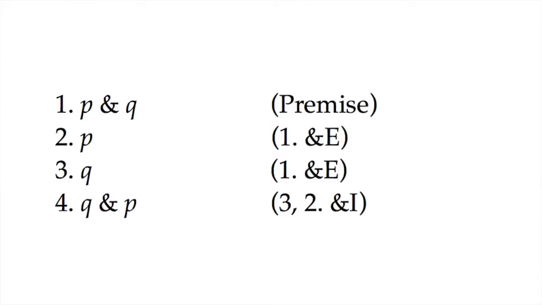Now on line 4, I have Q and P. How did I get Q and P? Well, the Q is on line 3, the P is on line 2, and I've used my and introduction rule. My and introduction rule tells me that whenever I know Q and I know P, I know Q and P. Q combined with P proves Q and P. Line 3 says Q, line 2 says P, so using my and introduction rule, I've written down Q and P. And that's the end of the proof.